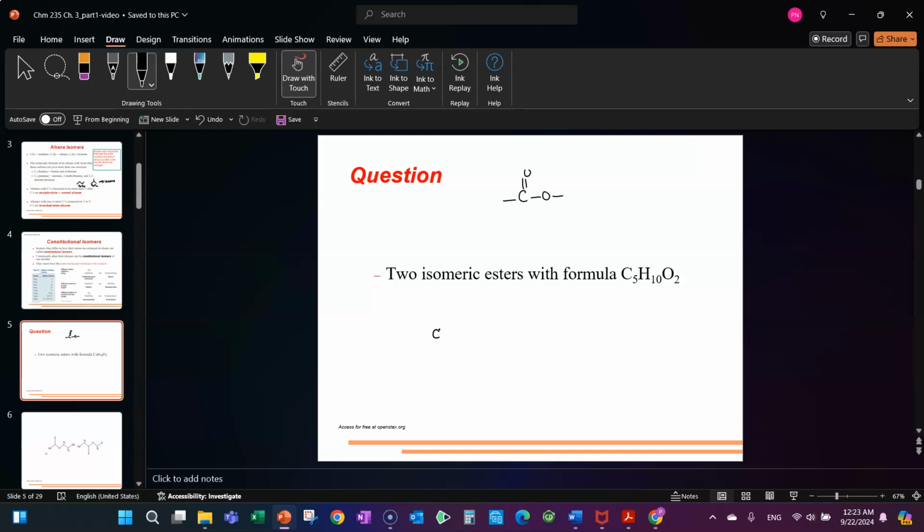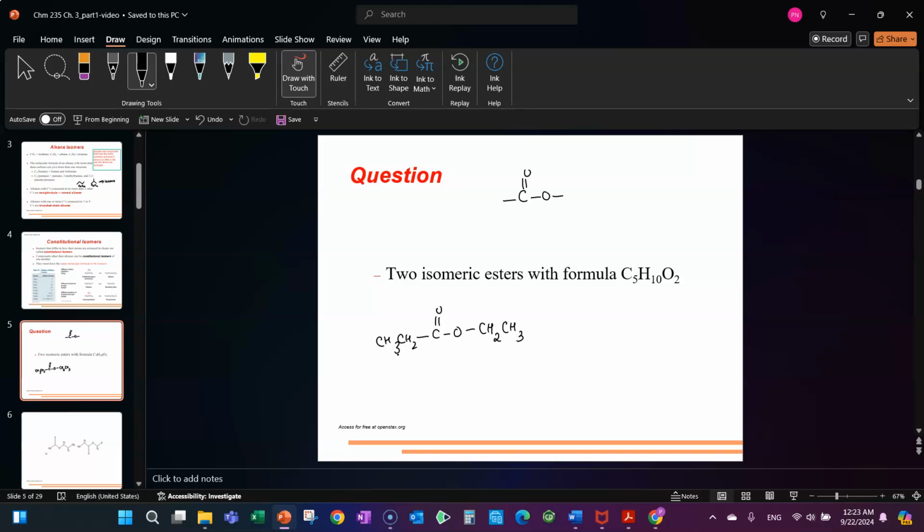So let's keep this as our functional group. Now that accounts for 1 carbon and 2 oxygens, but we still need to put 2 more carbons. So you can go ahead and write maybe CH2, CH3 on one side. So that covers 3 carbon atoms, and then we can again put a CH2 and CH3 on this side. So we have 1, 2, 3, 4, 5 carbons.